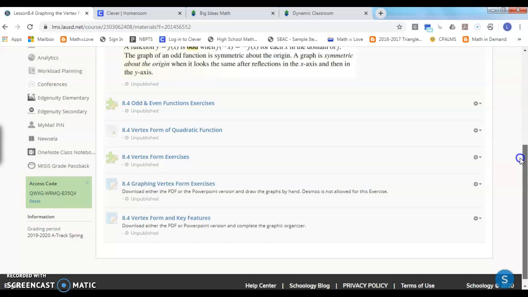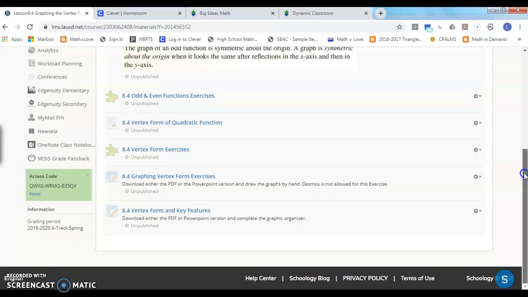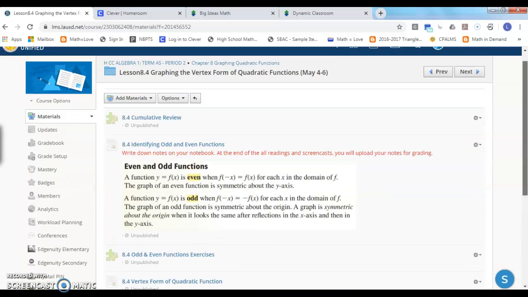The overall output of this lesson is the same graphic organizer that we've been using in the past three lessons, modified a little bit to show the necessary information that's needed in this type of quadratic function.